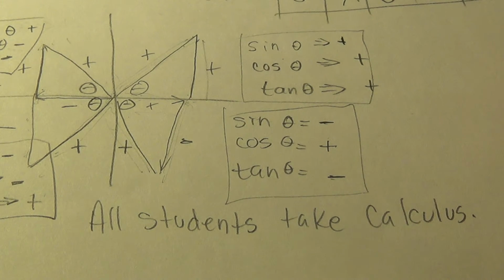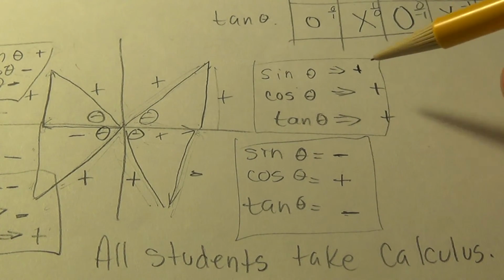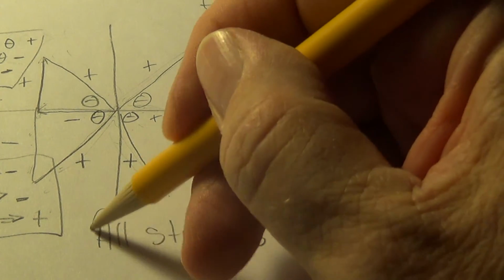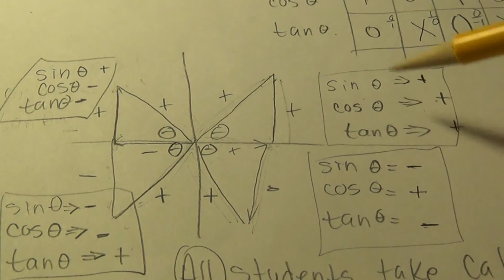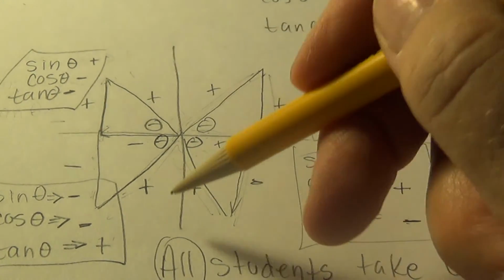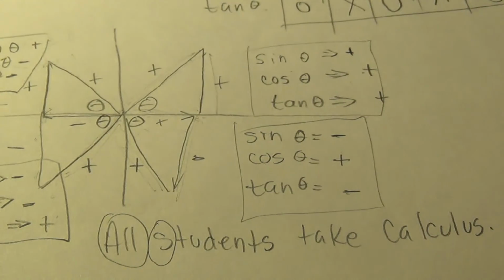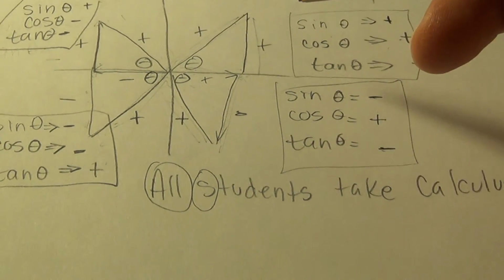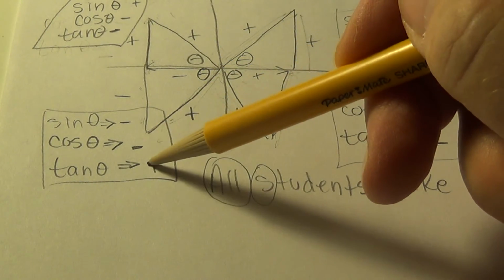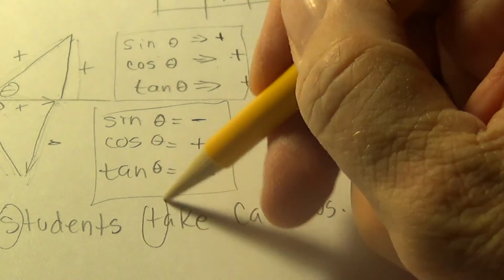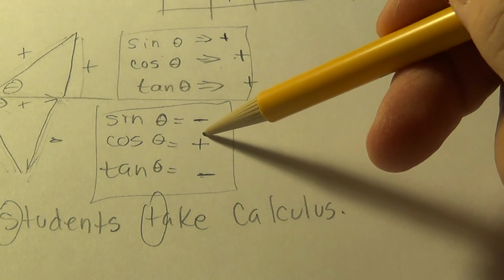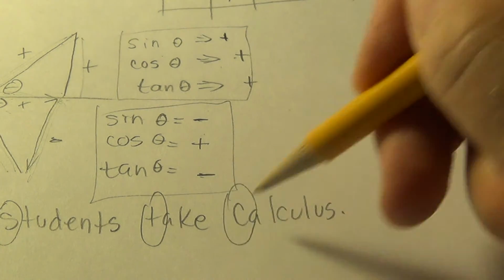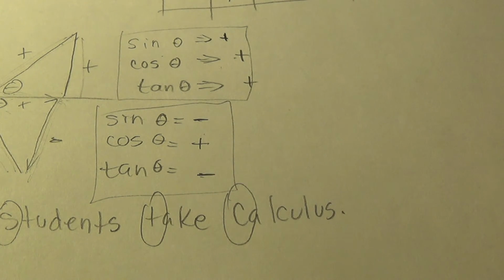That means in the first quadrant, all of the trig functions are positive. In the second quadrant, sine is positive. S for sine. In the third quadrant, tangent is positive. Take. And lastly, in the fourth quadrant, cosine. So how cool is that?